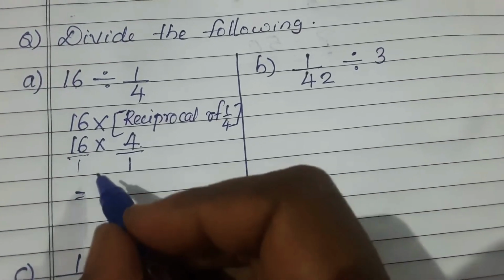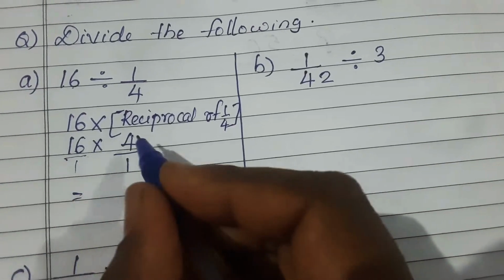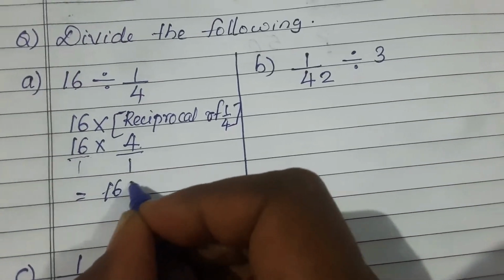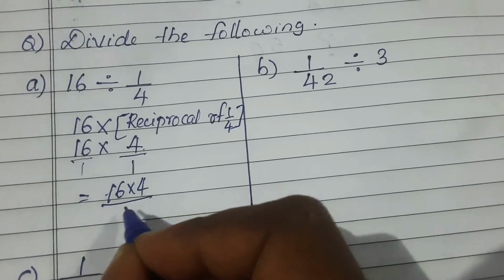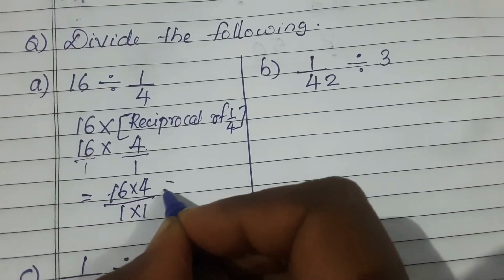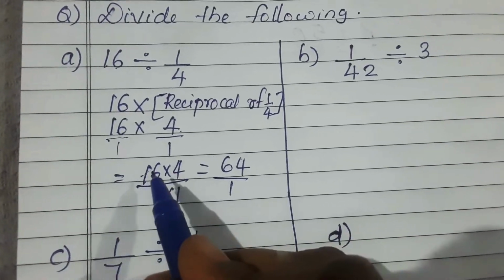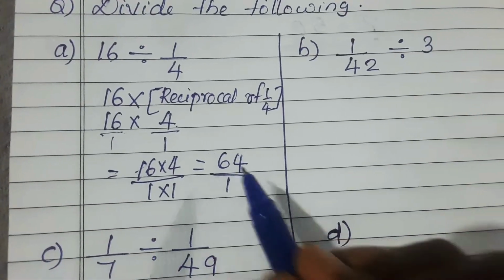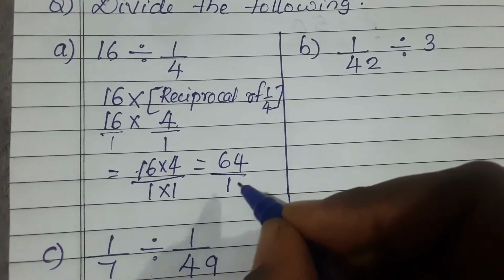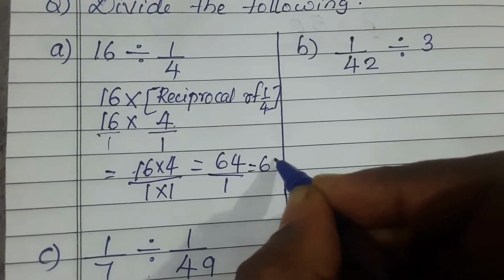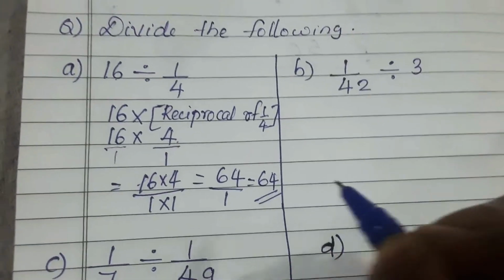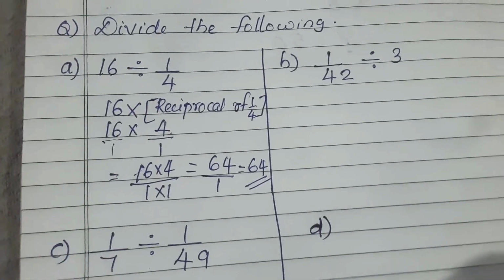It is understood that it is 1. So numerator into numerator means 16 into 4 by 1 into 1. Now multiply 16 with 4. You will get 64, and by 1 you can simply write it as 64. So this is the answer for this division question.